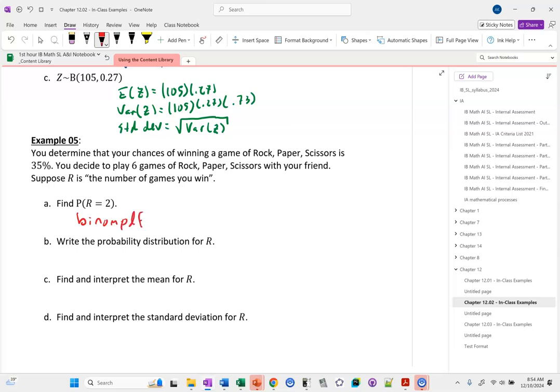No, just like, it's a PDF, right? N is 6. Probability of success is 0.35. R is 2. That's it. That's good enough.